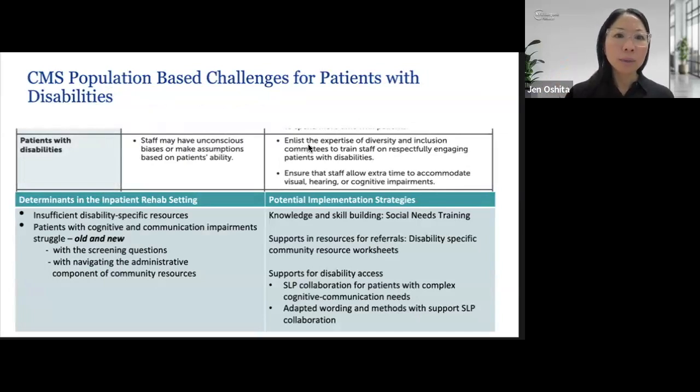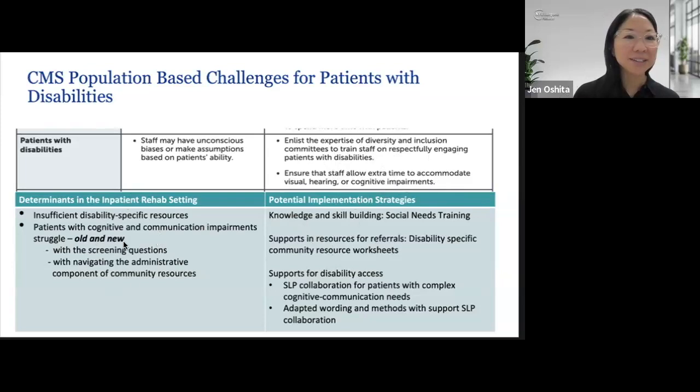So this column here are potential strategies. CMS says you can enlist the expertise of diversity and inclusion committees to train staff on respectfully engaging patients with disabilities, and ensure that staff allow extra time to accommodate visual, hearing, or cognitive impairment. So you can see similarities in their approaches and their strategies to what we found.